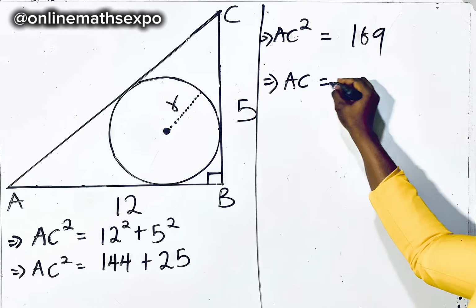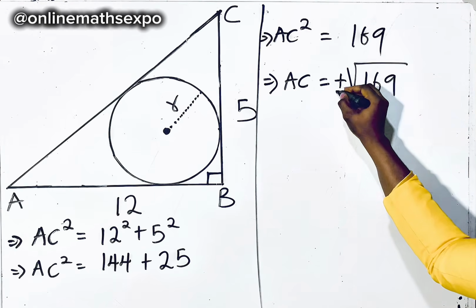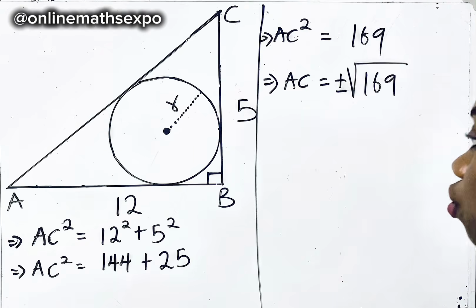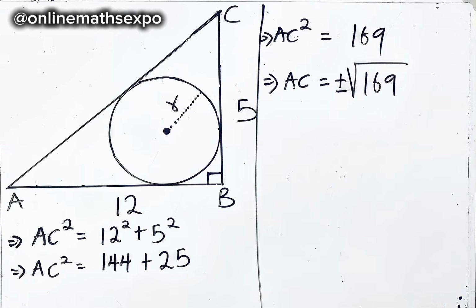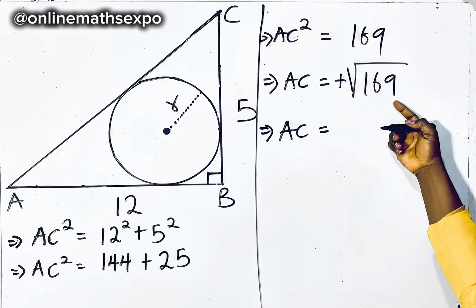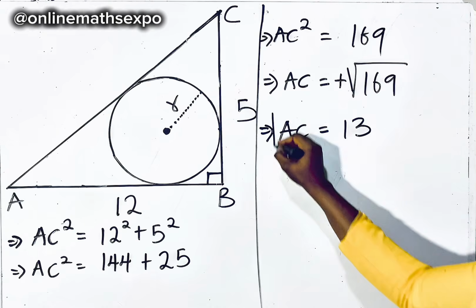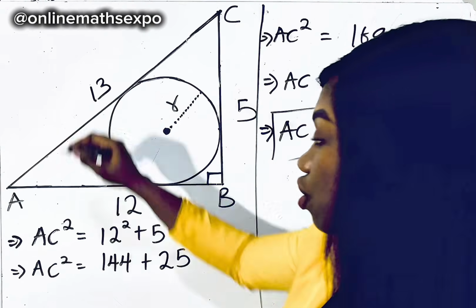So AC will be the square root of 169. You take the positive and negative, but because AC is the side of a shape, it can't be negative. So we only take the positive square root, and it gives us 13. It means that this length you are looking for is 13 units.